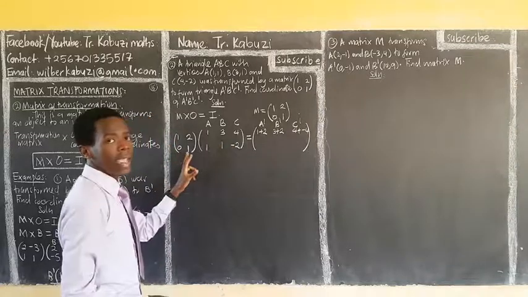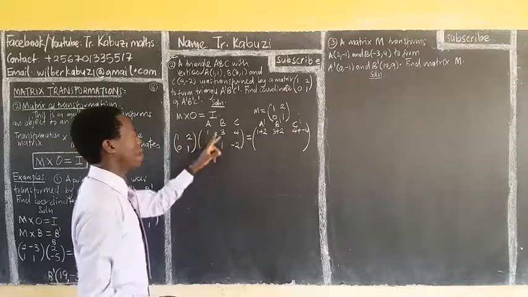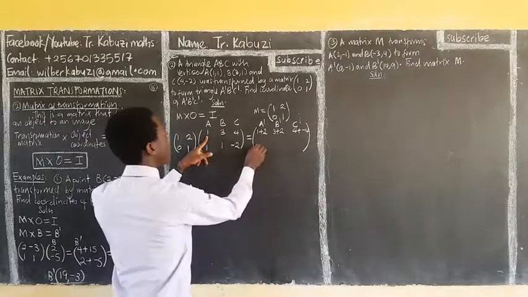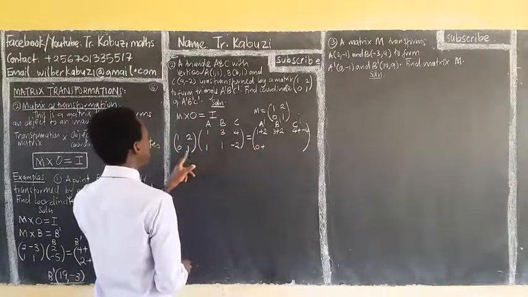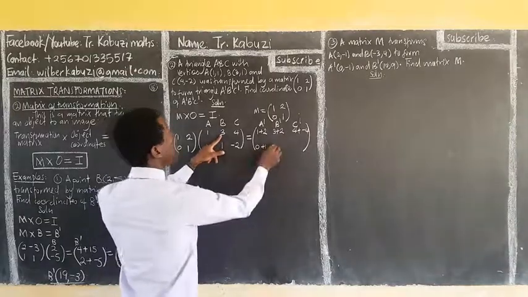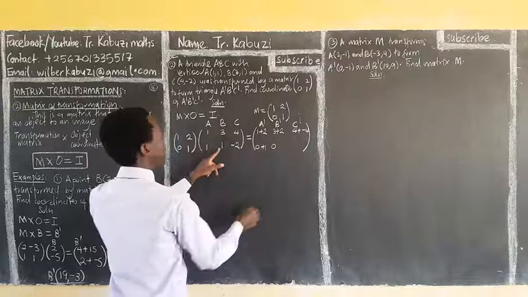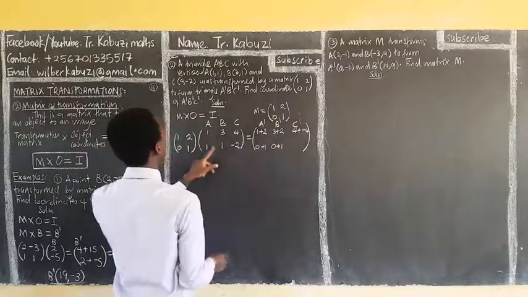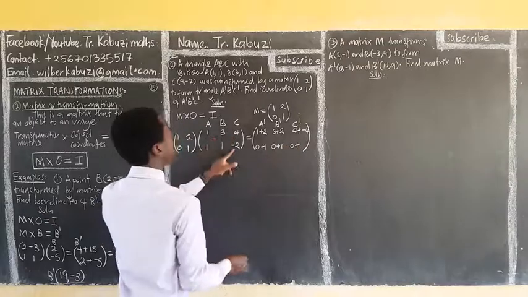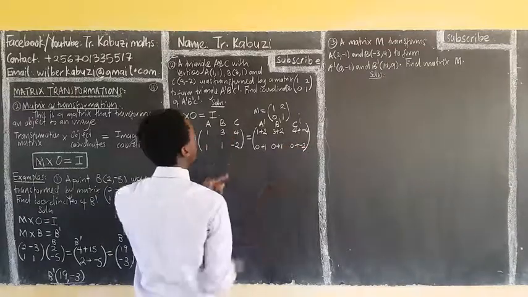Now you come to the second row. It's going to also multiply all the 3 columns. So this times this, you get a 0. Then plus this times this, you get a 1. This times this, you get a 0. Then this times this, you get a 1. This times this, you get a 0. Plus this times this, you get a negative 2.